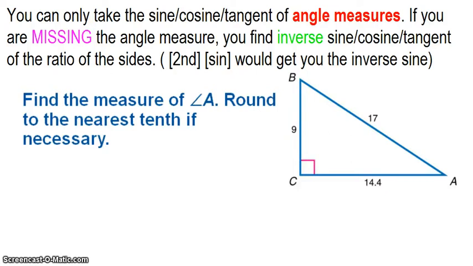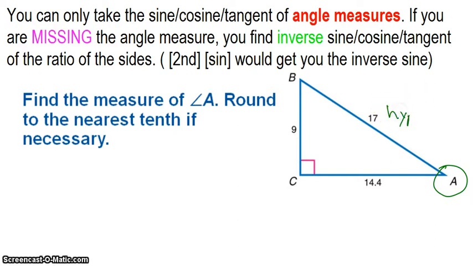You can only take the sine, cosine, and tangent of actual angle measures. If you are missing an angle measure, you need to find the inverse sine, cosine, and tangent. So you hit second sine versus just typing in sine. So to find the angle measure of A, since all my sides are given to me, I've got my choices.